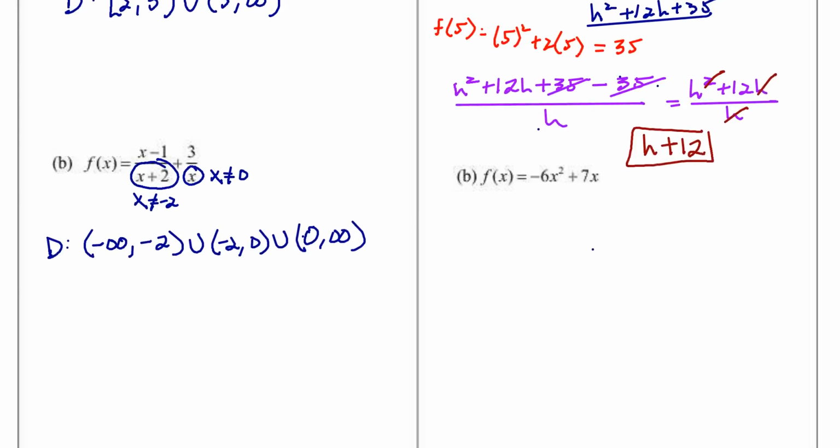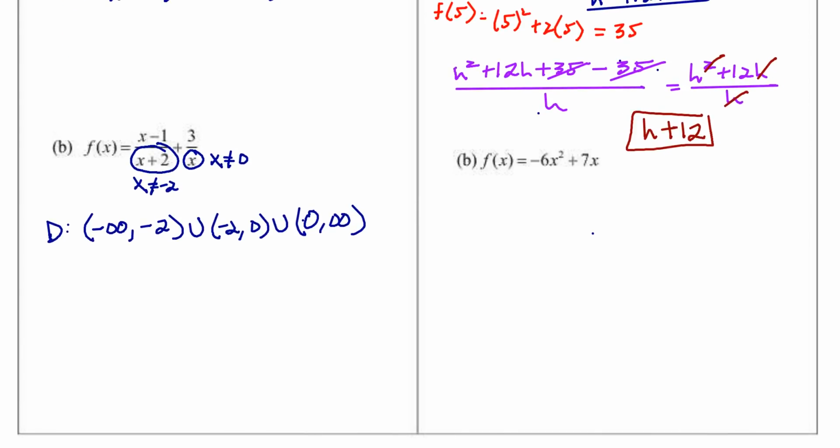Part B, same thing. Remember, again, we're plugging in, so we need to find f of 5 plus h, and we also need to find f of 5, then we need to combine them. So f of 5 plus h is going to be -6 times 5 plus h squared plus 7 times 5 plus h. Give myself a little bit of room.